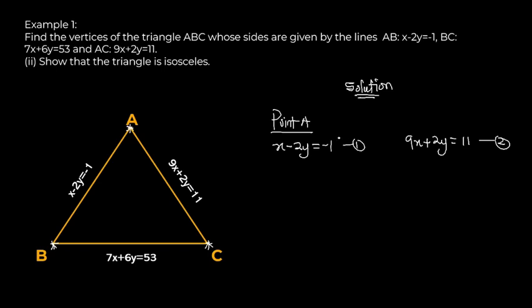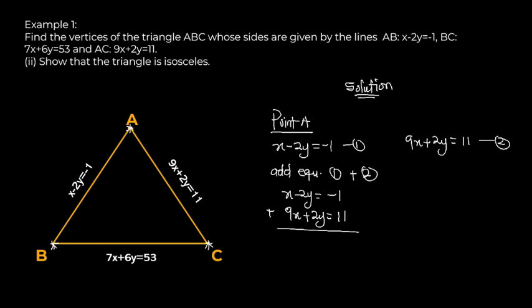So I'm going to use the elimination method to solve these equations simultaneously. So I'll say add equation 1 and equation 2. So if I do that, I'm going to have x minus 2y is equal to -1 plus 9x plus 2y is equal to 11.